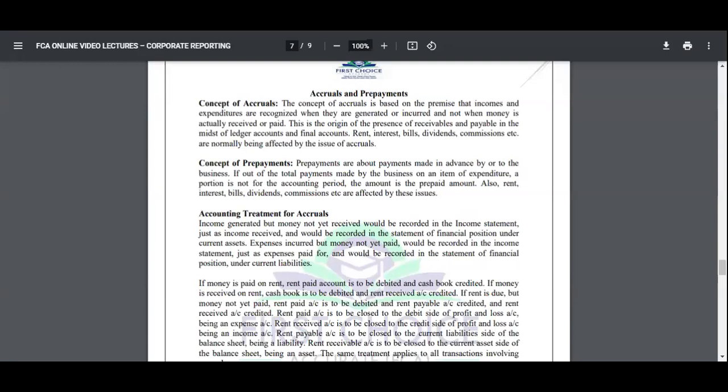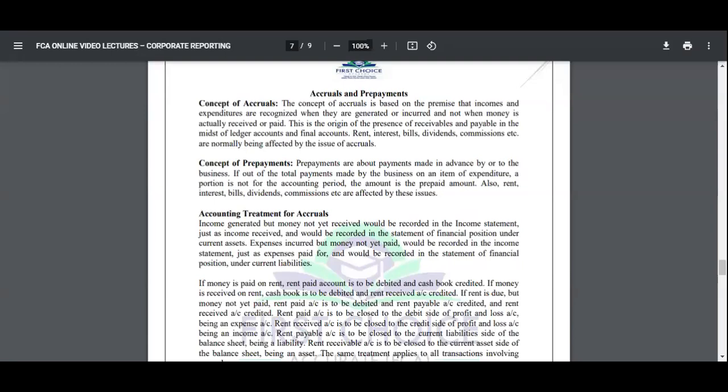If out of the total payments made by the business on an item of expenditure, a portion is not for the accounting period, then that amount is called prepayment.